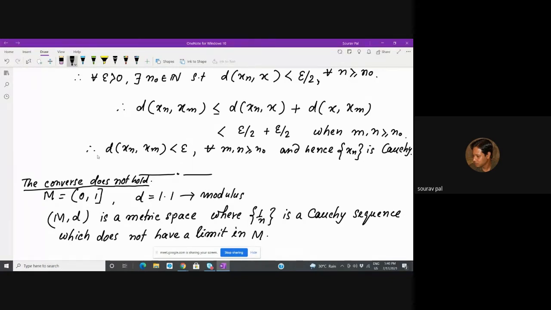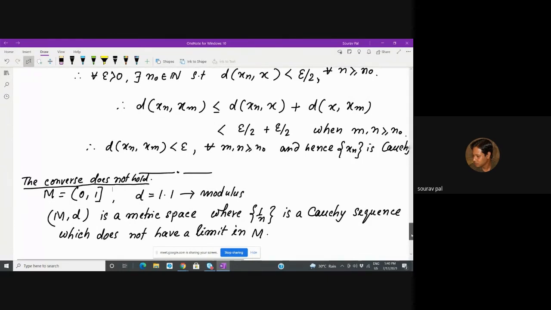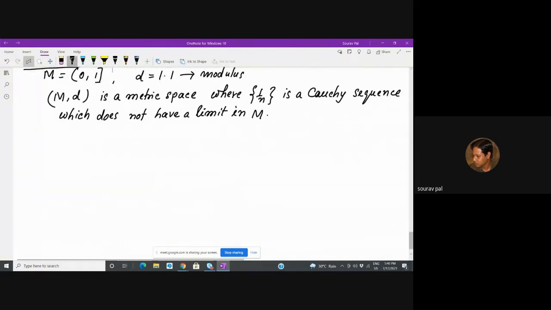And what can you say about the metric space of complex numbers? What can you say about this metric space C with its modulus? It's a metric space, right? And what can you say about Cauchy sequences here?